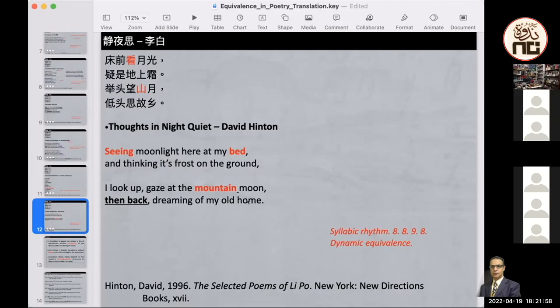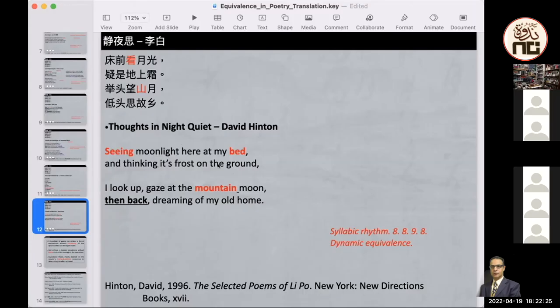Again, there is no end rhyme, and we can see that there is not much rhythm within the lines, except maybe "mountain moon" alliteration. There is not much to say about the rhythm of the poem, and he tried to stick to the meaning.